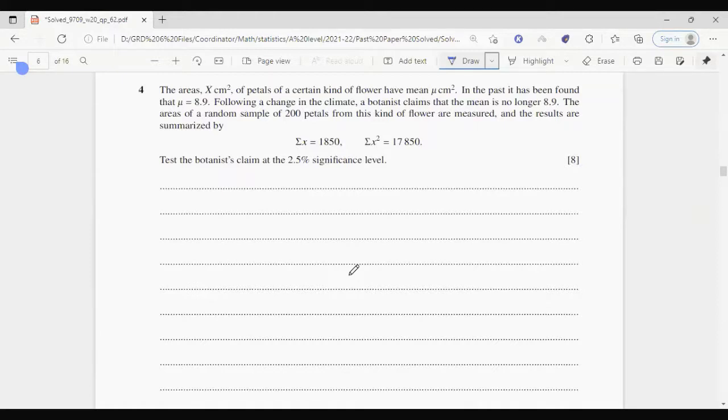The area of a random sample of 200 petals from this kind of flower are measured, and the results are summarized. Sigma x is given to be 1850, and sigma x squared is given to be 17,850. Test the botanist's claim at 2.5% significance level.